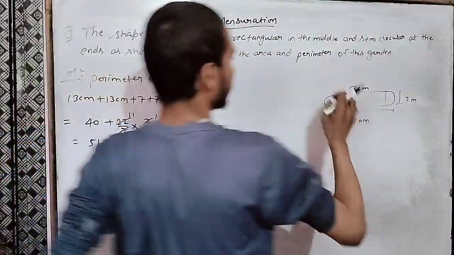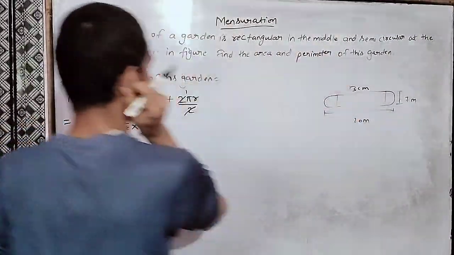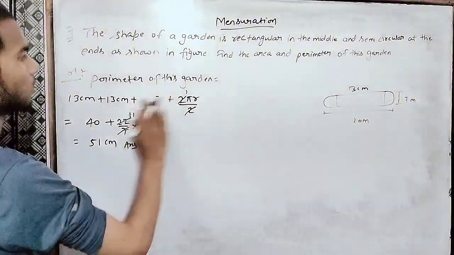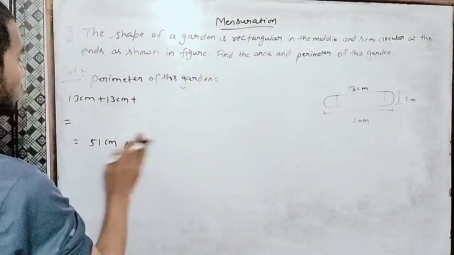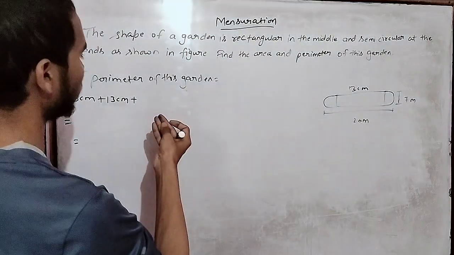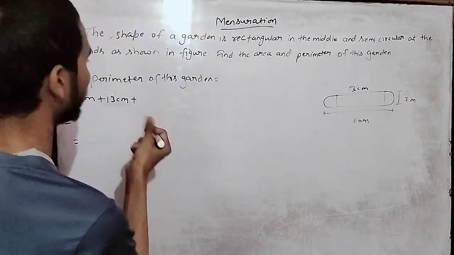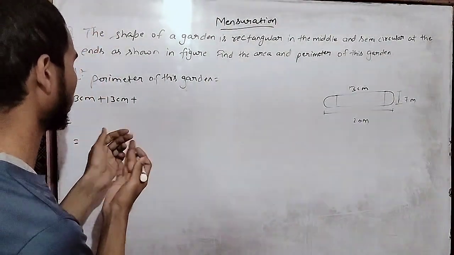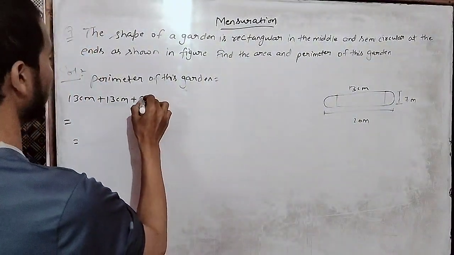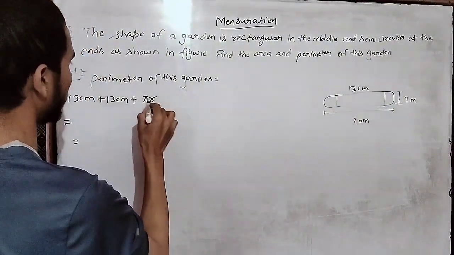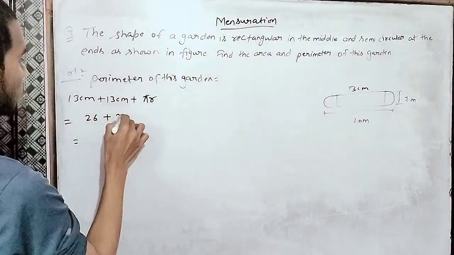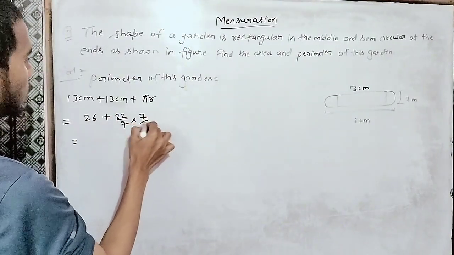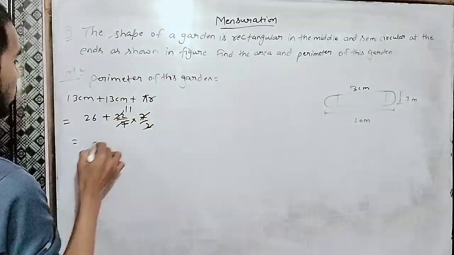Here we want to take this length. 13, 13, then 13, 13, then we have 2 pi r. So we will write pi r. 13, 13, 26, and r is 7 by 2, 11.